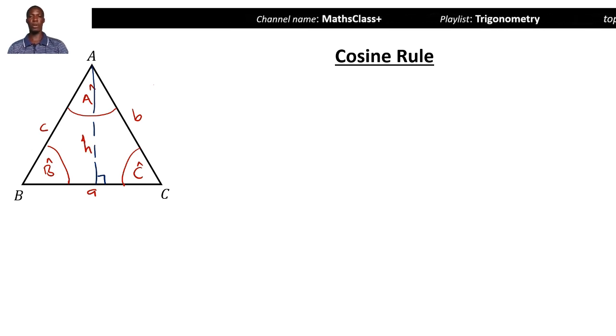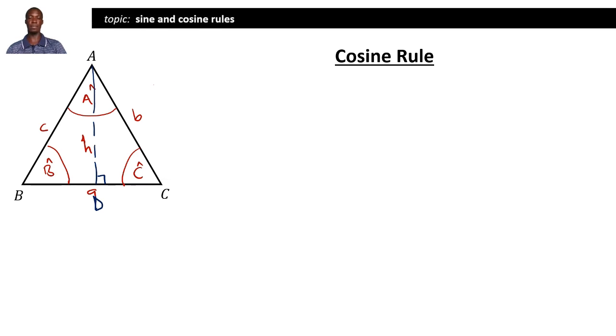Okay, so we are looking at the cosine rule. I have labeled the triangle as we did in the sine rule. But in the cosine rule, we are interested in finding the length. Okay, this side, the point here is D. We are interested in finding the length of BD and then the length of DC.